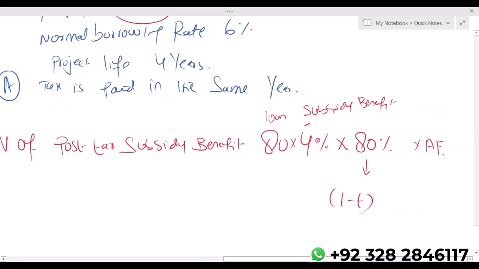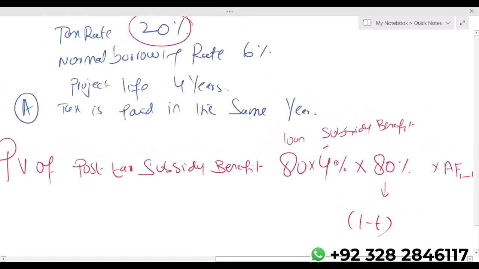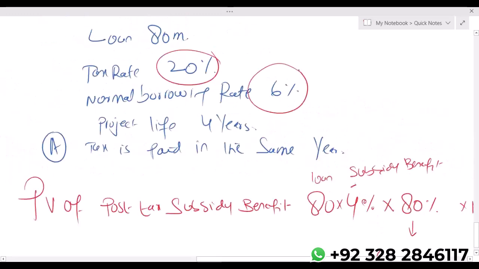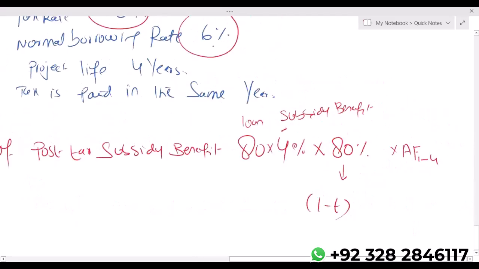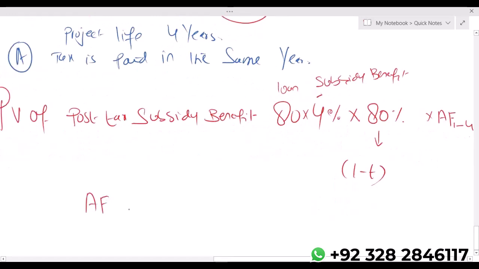Here we'll take the annuity factor for the first 4 years, 1 to 4, and let's say I'm discounting at the normal borrowing rate, which is 6%. So I just need the annuity factor of the first 4 years at 6%. We know the table is given in the exam for the annuity factor, but you should be able to calculate: 1 minus 1.06 to the power of minus 4, divided by 0.06. Let me use the calculator, and I want you guys to also use the calculator. Let's see what the percentage is.